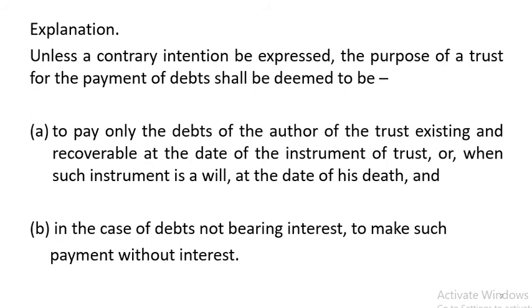Then when you see the duty of the trustees to distribute the property, the trustees are under an obligation to distribute trust property only to the beneficiaries who are entitled to it. But there may be some other persons who are not entitled to it.